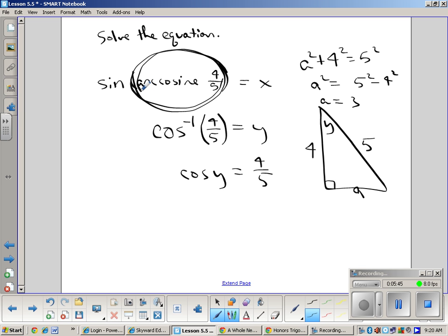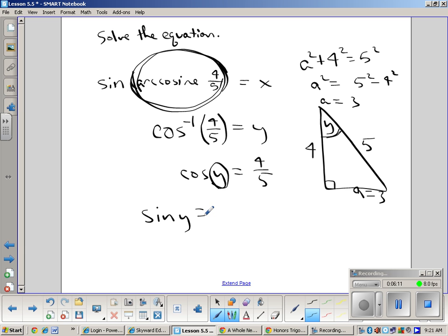That number is this y value. But we can go back and say sine of whatever that angle is is going to equal what? What do we find A to be? 3.